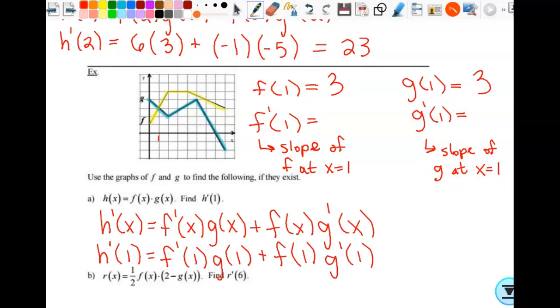All right, so what is the slope of f as we pass through that x coordinate of 1? Isn't it 2? We go up 2 over 1. Okay, 2. We do vertical change divided by horizontal change.